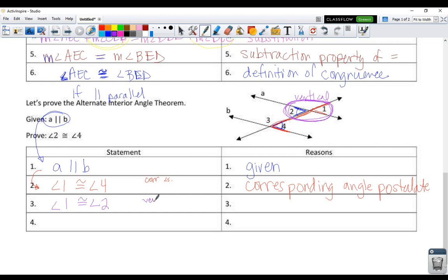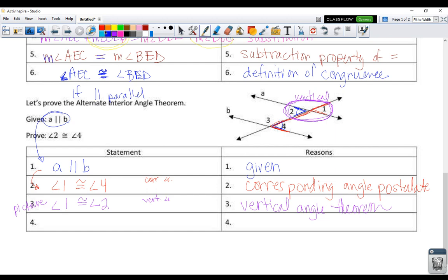We are applying the vertical angle theorem, as we did up above. The vertical angle theorem is what allows us to write down that two angles which happen to be vertical, from your picture, angle 1 and angle 2, are congruent.